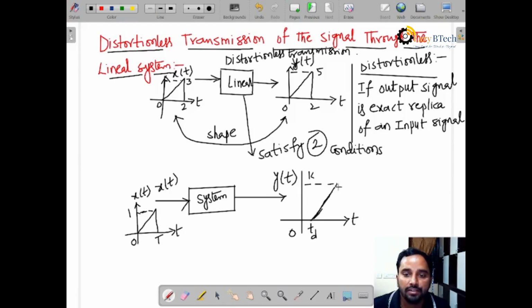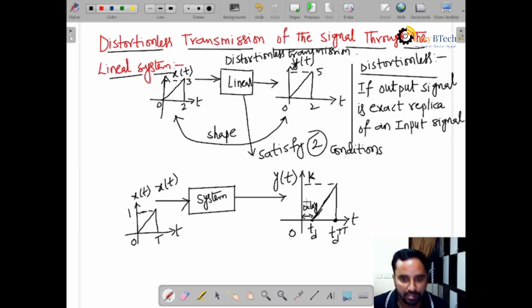So the output starts from TD, and this point will become TD plus capital T, because the input signal is available from 0 to capital T. So the output is delayed by TD. The amplitude of the output signal is changed to k, but the shape of the signal is exactly the same as the input.